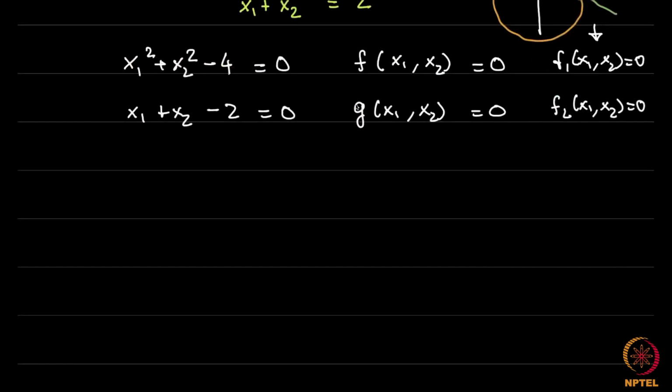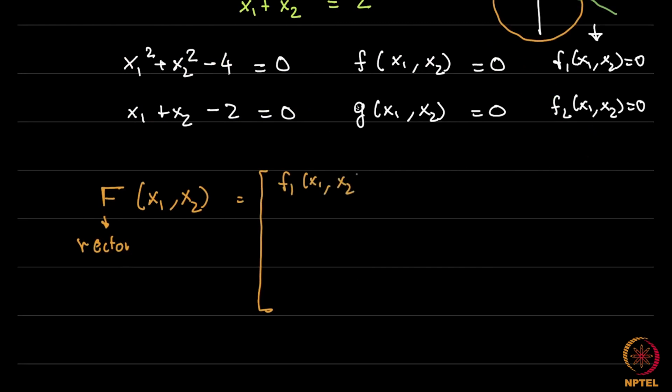Now put together, we can see this as a case where I'm saying capital F of x1, x2 is 0, where F is now a vector, which is f1 of x1, x2 and f2 of x1, x2.